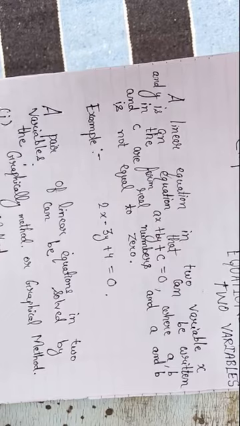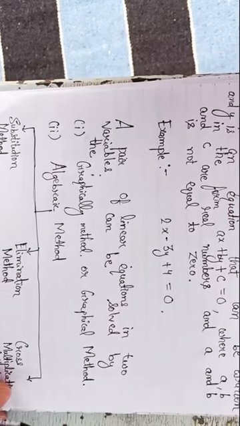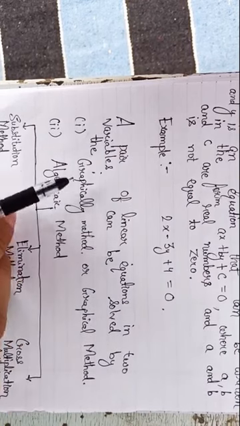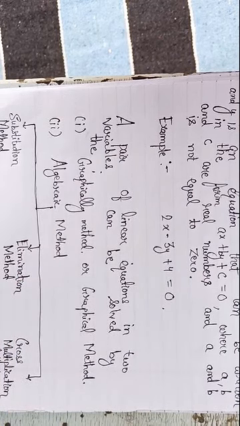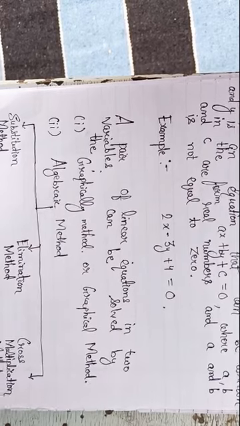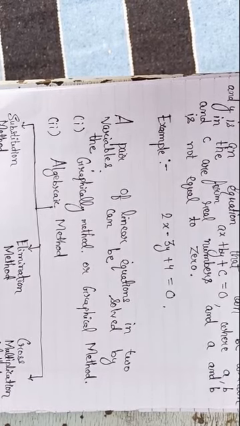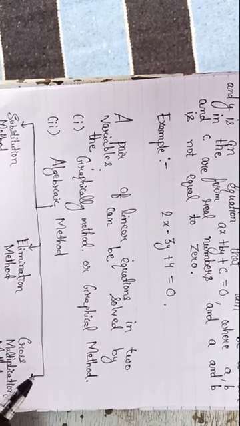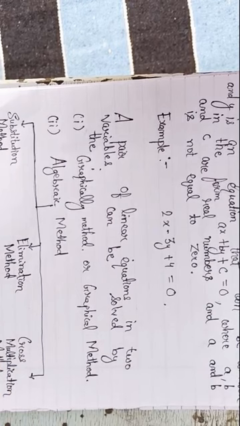Now, a pair of linear equations in two variables can be solved by two types of methods. First is the graphical method.